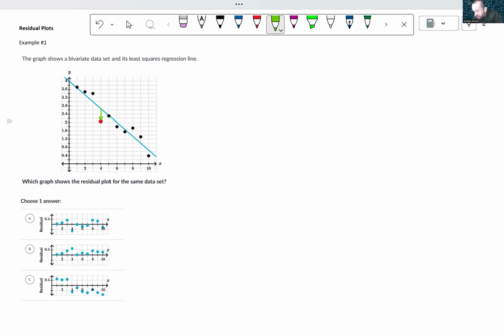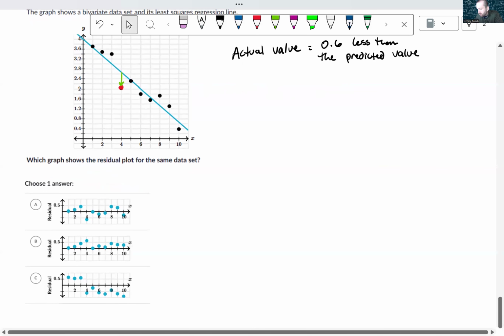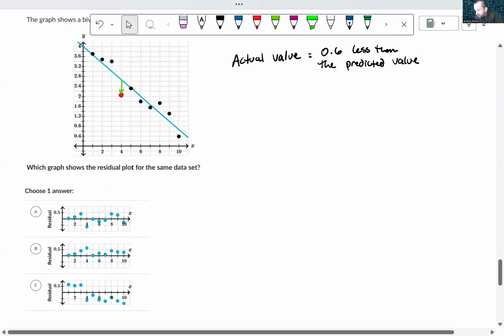So the actual value is 0.6 less than the predicted value. Now let's take a look at our residual plot and see if we can find something that shows where it's 0.6 less than the predicted.